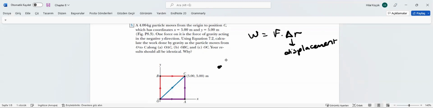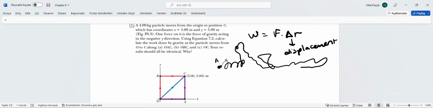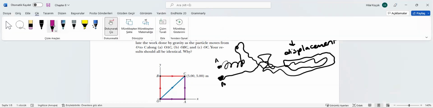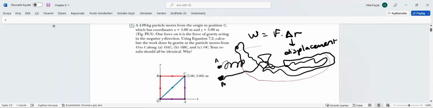Just assume I start from A and I move here, running, maybe shopping. I go many places, and then I come to point B. If I ask what's the displacement between A and B, should I take all of them or should I take the smallest path?